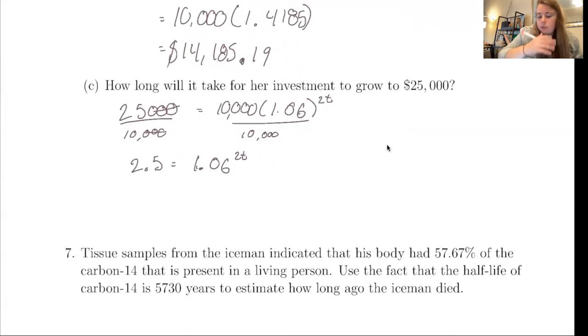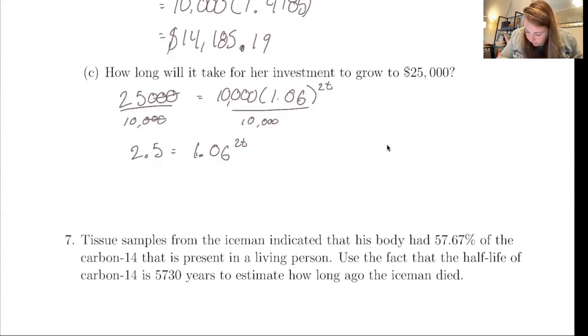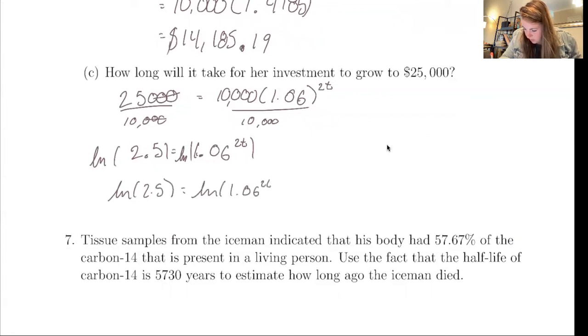And which logarithm should we choose? Let's do ln. So we're going to ln both sides. That's going to give me ln of 2.5 equal to ln of 1.06 to the 2T. The third law of logs says that I can bring that down.